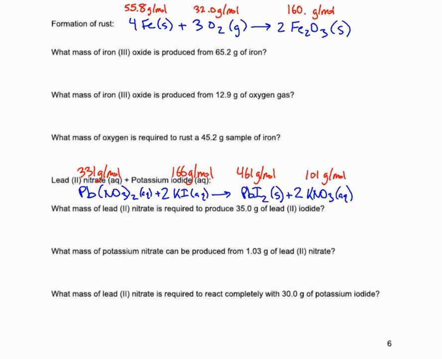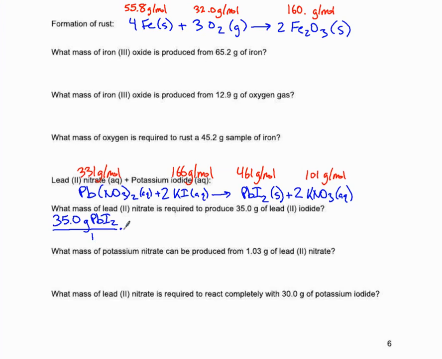So at this point, we are set to go ahead and start writing these down. First question, what mass of lead-2 nitrate is required to produce 35.0 grams of lead-2 iodide? We've done most of the legwork already in terms of we have a balanced equation and we have all the molar masses.